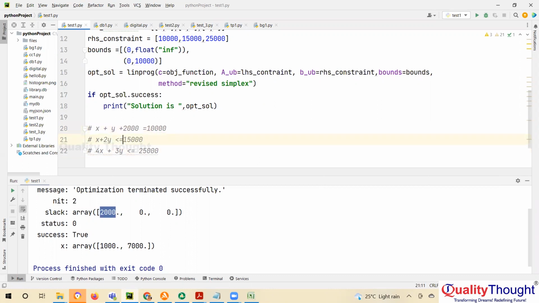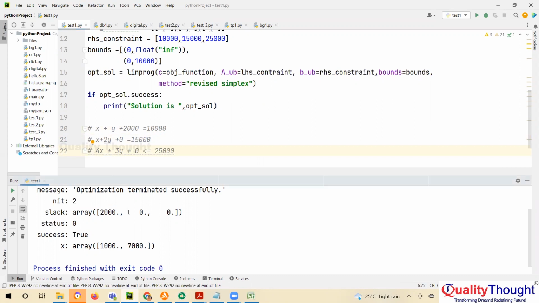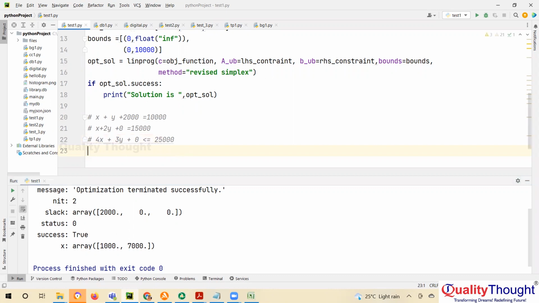Here you don't have to add anything, 0. What it means is, the solution that we got, 1000 and 7000.